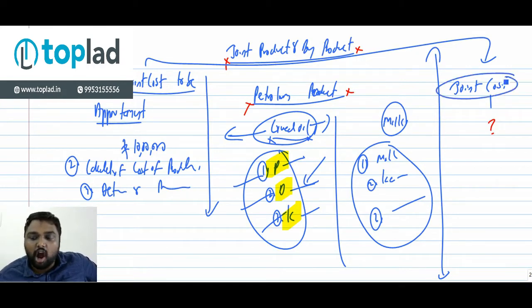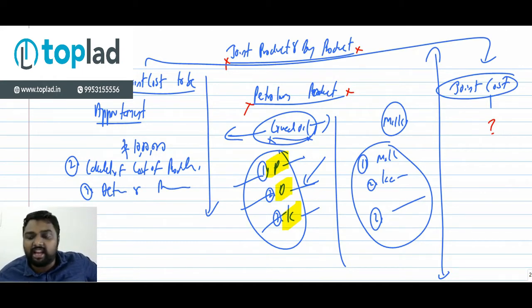Joint cost is what you incur up to the point where the products get their individual identity. What is the meaning of individual identity? That means each product is already at a separate stage.